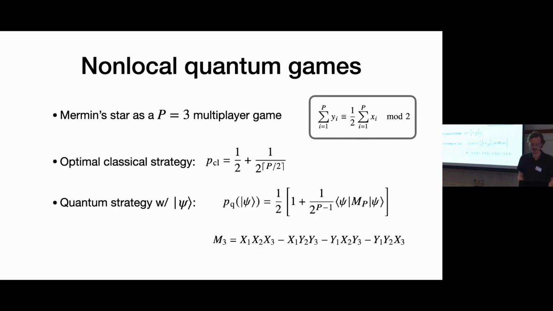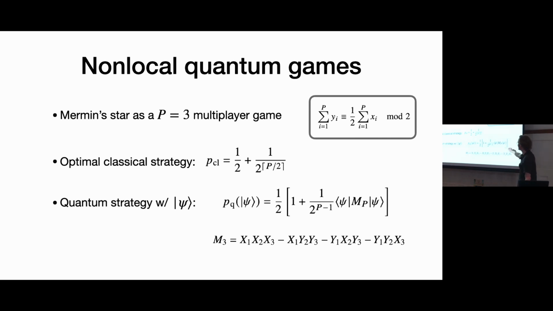Cool. And then another important point is, what if you don't have the GHZ state, you have some other quantum state, maybe it's very close to the GHZ state, how does this probability change? Well, it ends up moving away from unit probability with some expectation value of this Mermin polynomial of operators, which encodes the game. This is just some linear combination of the measurements you want to make.